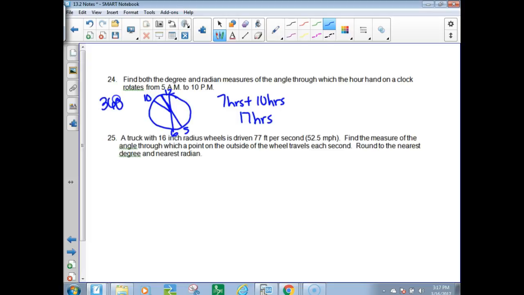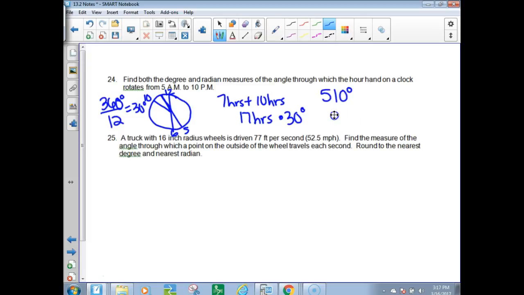Max, explain where you got 30. Yes. Okay, there are 12 hours on the clock. Each hour it's rotating 30 degrees. So we need to convert by doing 17 hours times 30 degrees. For every hour, the hour hand will move 30 degrees. So that's going to be 510 degrees.